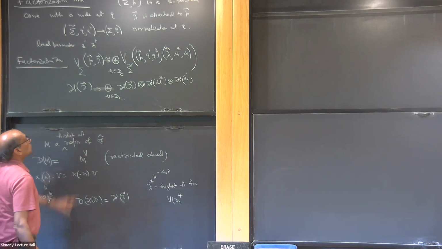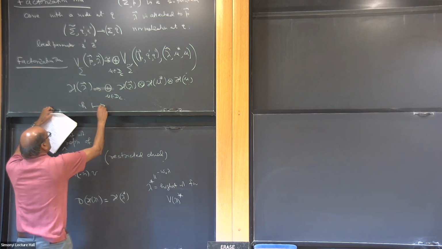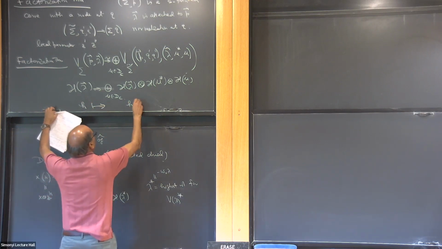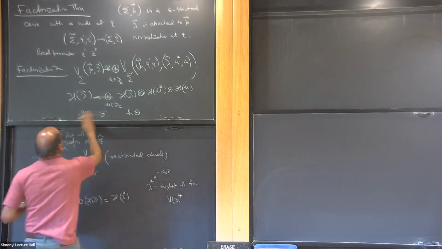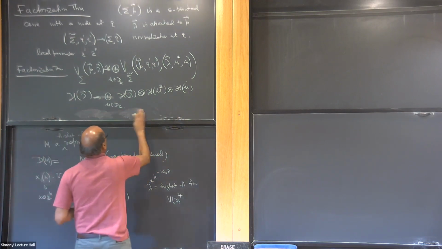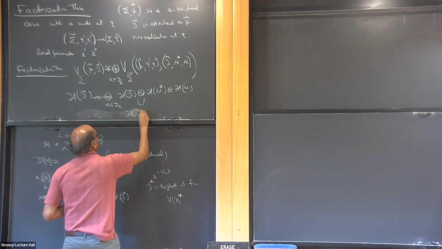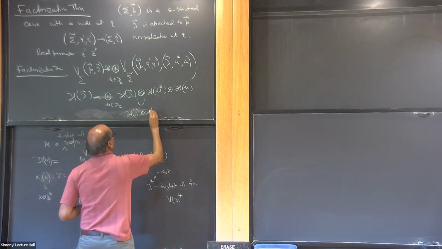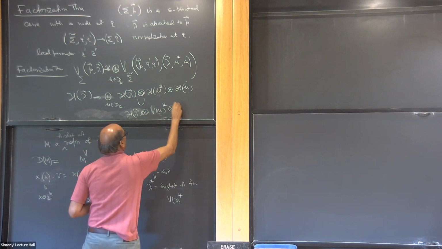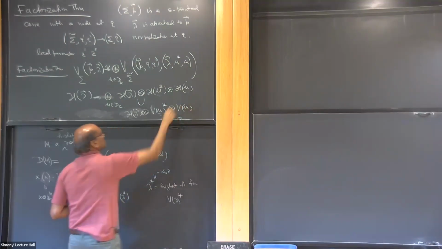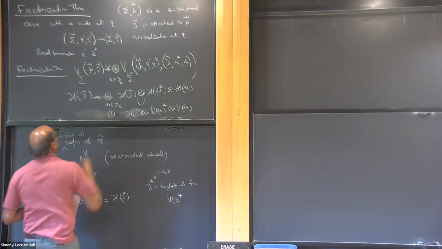Okay, so what is this map? This map sends H to H tensor, and maybe I should write it here. This H has as the highest piece V of mu star here and V of mu here as the highest piece, and I am taking, of course, the direct sum.